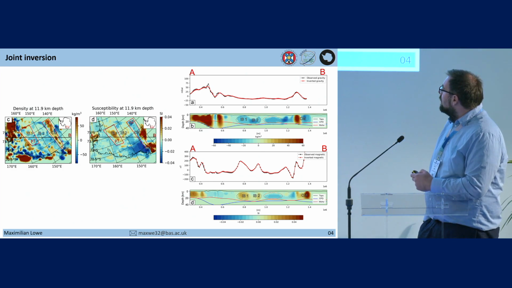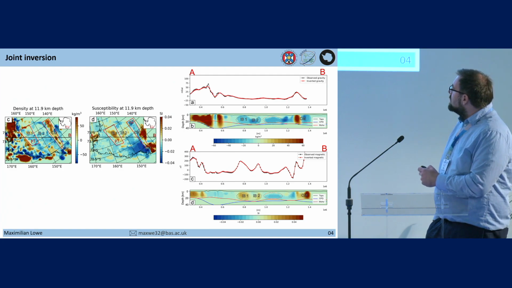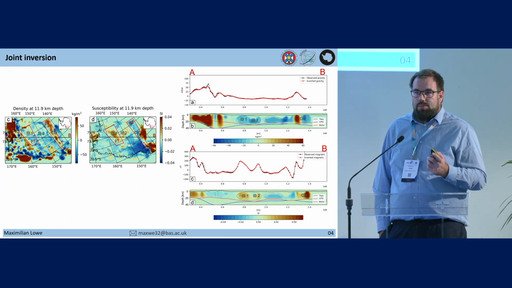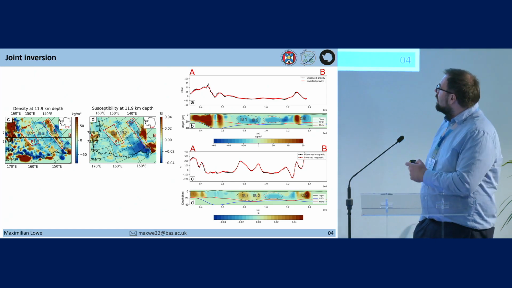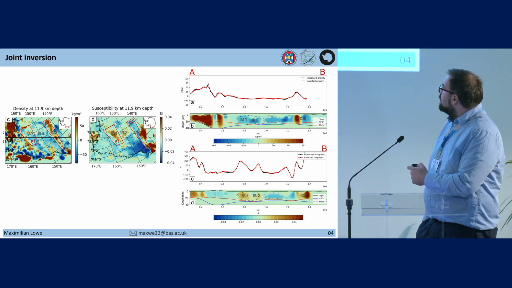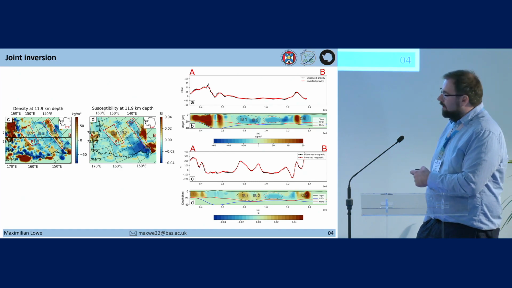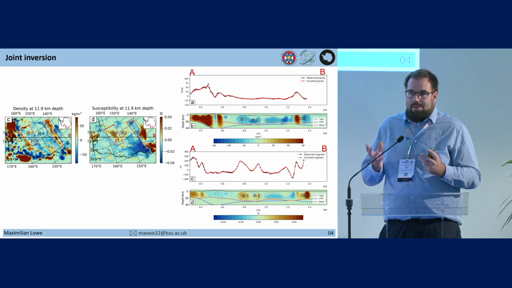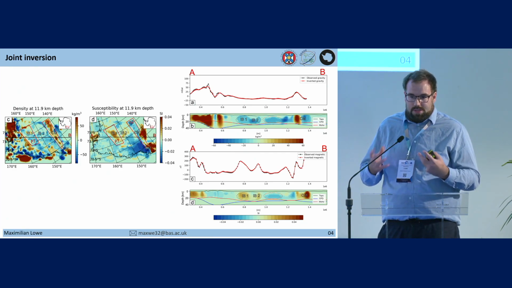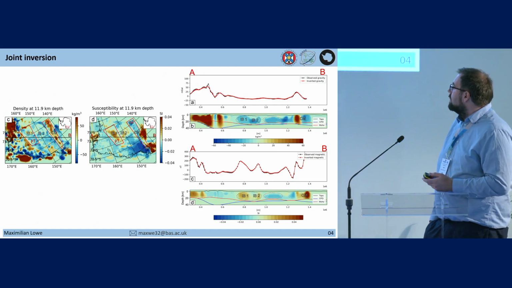We find similar structures in the density and susceptibility models, but there's no linear relationship between the amplitudes. For example, we have a low density anomaly here and here, but in the susceptibility it can have a positive or negative value. The only thing that's similar between both is the geometry, the structural information.